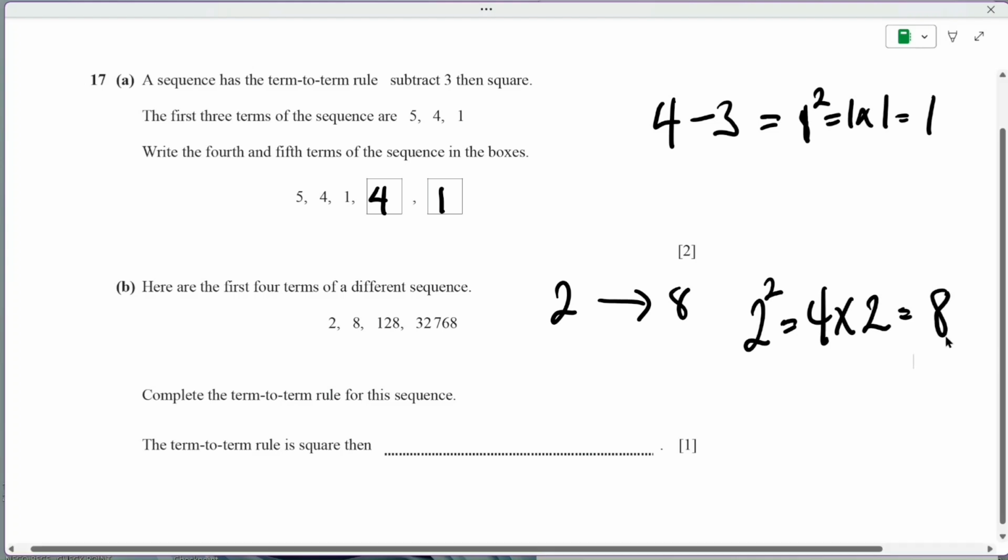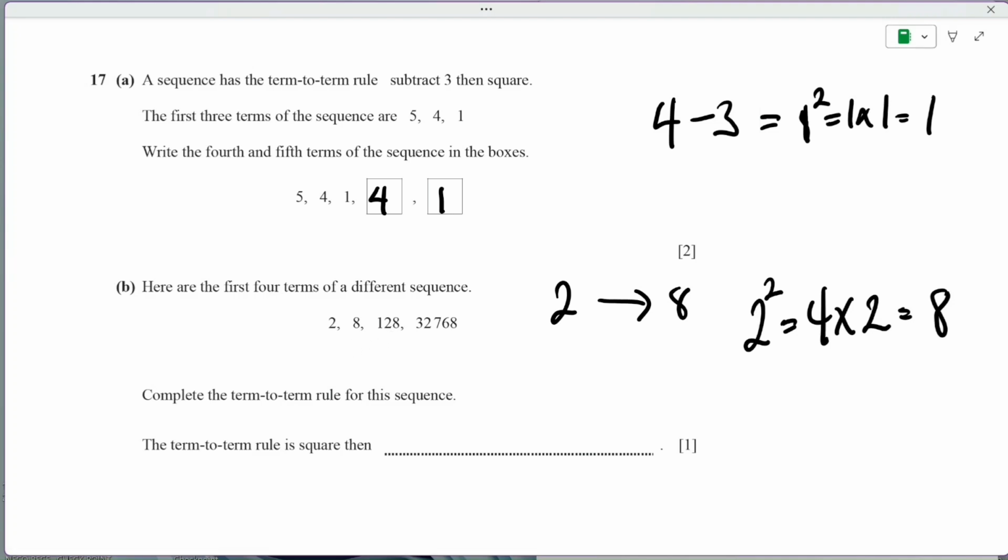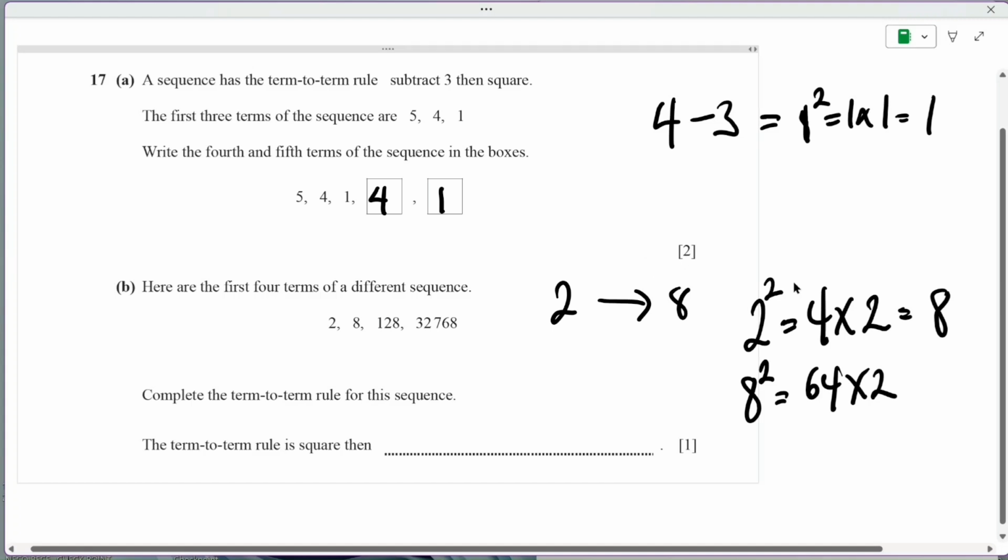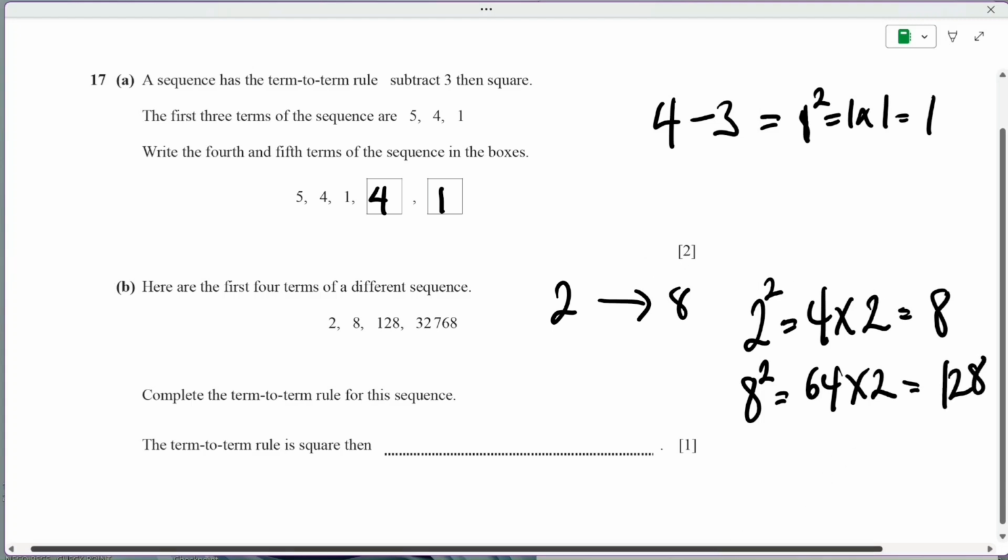That's the answer to the first. Let's see if this works for the third term using the second term. The second term is 8. 8 squared is 8 times 8, that's 64. Then we multiply 64 times 2, just like we did with the first one. It gives us 128. It seems we're on the right path. If you add 4 to 4, you get 8, but if you add 4 to 64, you do not get 128.